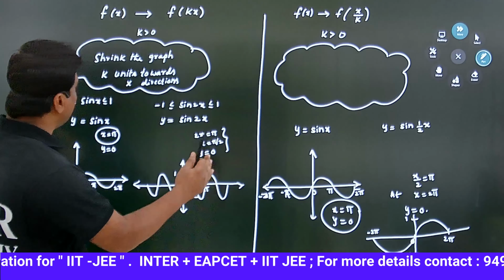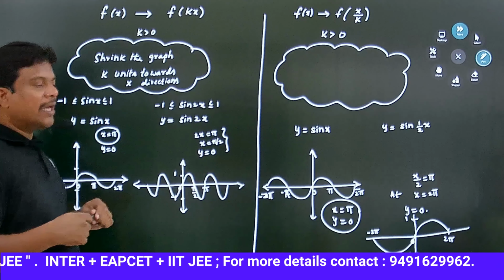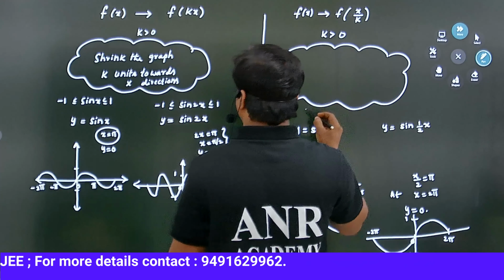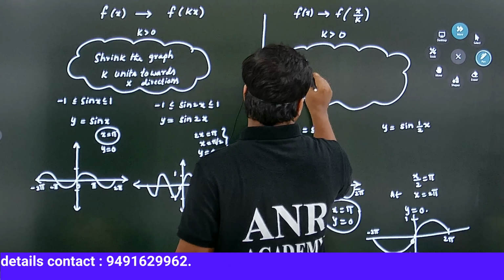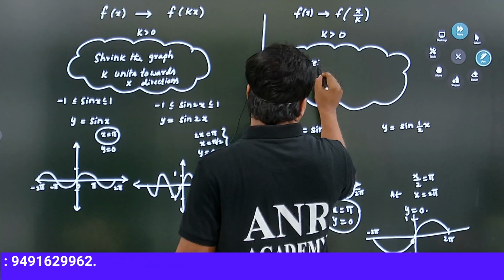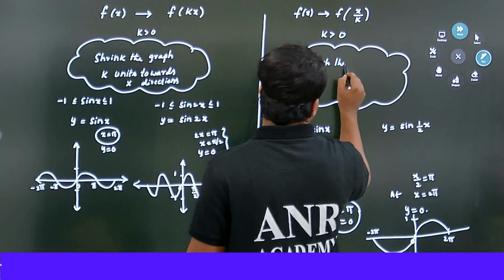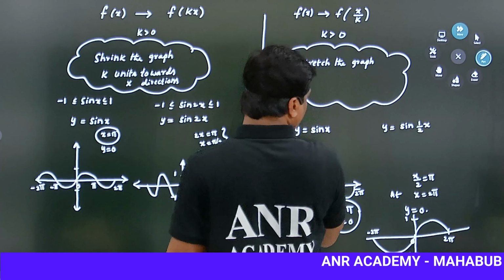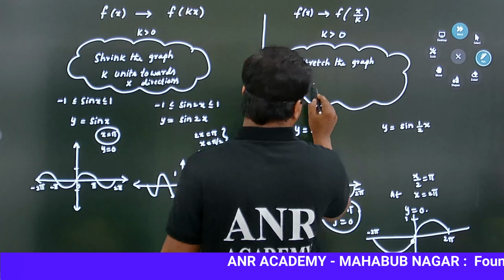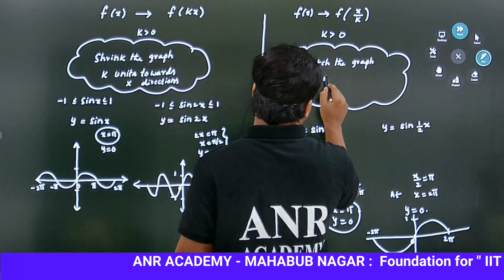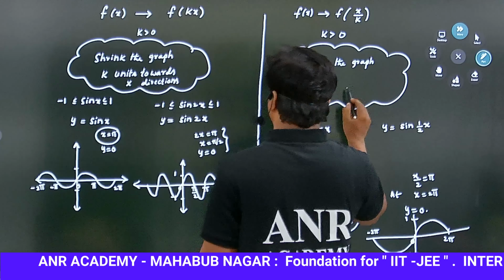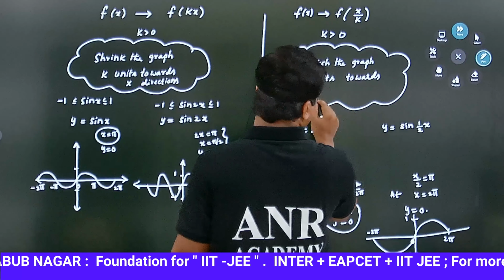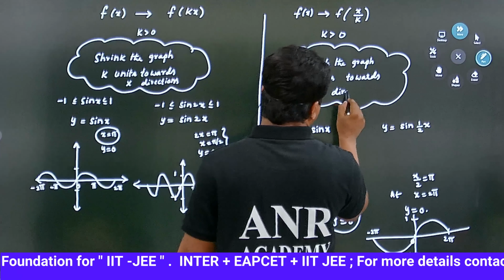Here you have to shrink the graph towards x directions, and here when you have 1 by k, stretch the graph k units towards x directions.